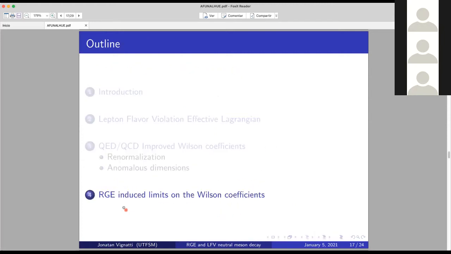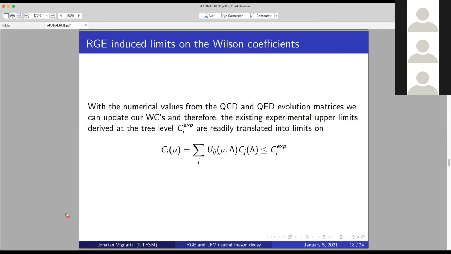So finally, let's see how this renormalization group equation induces better limits on the Wilson coefficient. With numerical values, we have in the beginning the Wilson coefficient that corresponds to the experimental branching ratios.